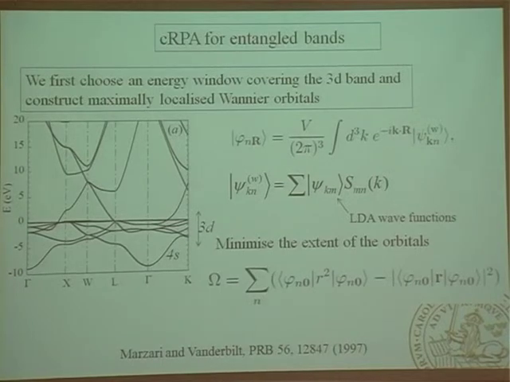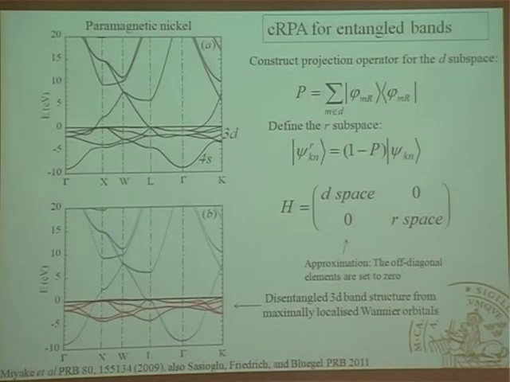So there's still some arbitrariness because the choice of the energy window is still a little bit arbitrary, but it is not so crucial, I think, because you can look at how the resulting band structure agrees with the original band structure. So here is the result here.